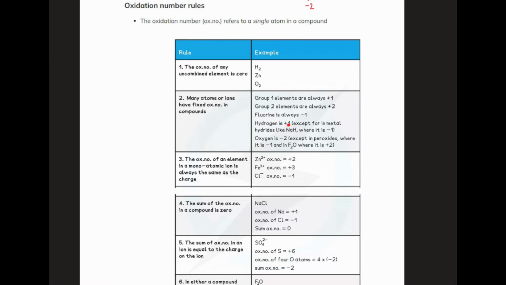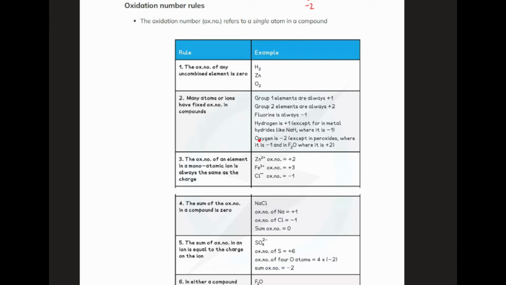In what situation will hydrogen take negative 1? It is when hydrogen combines with a group 1 metal, then it will become negative 1. For example, sodium hydride or potassium hydride and so on.